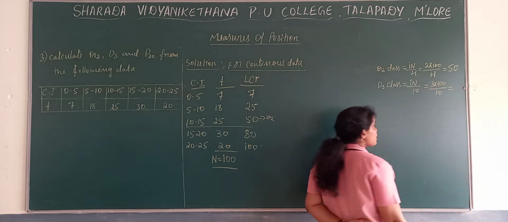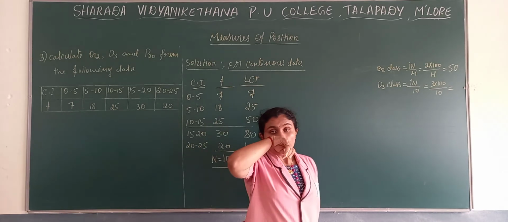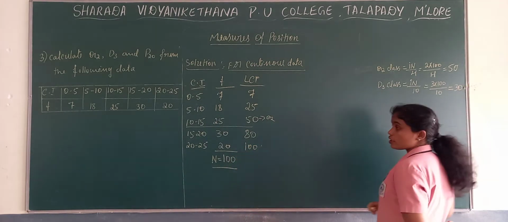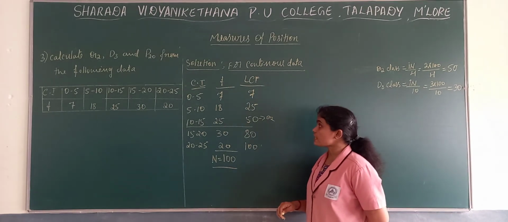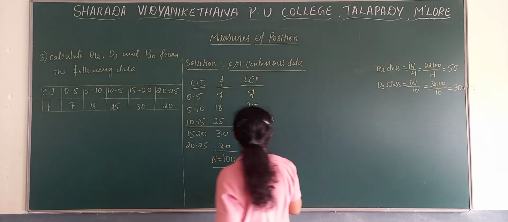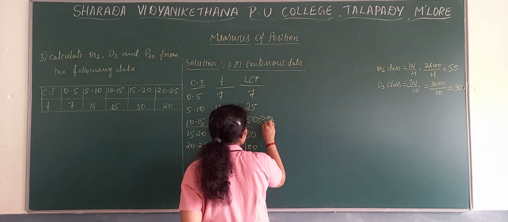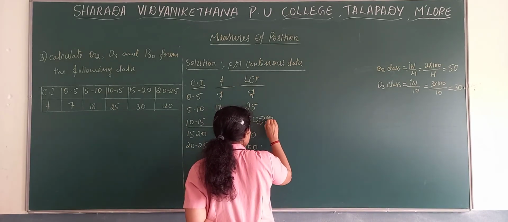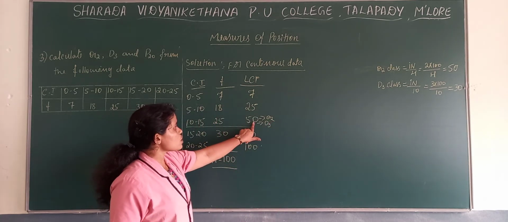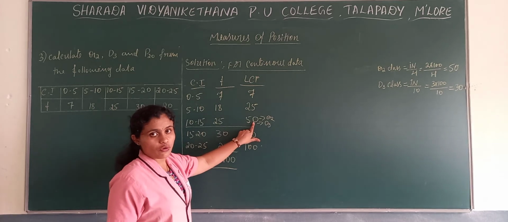So there 300 by 10 you get the value as 30. This is your D3 class. You need to see in LCF where 30 will fall. Again 30 also will fall here only. So this will be your D3 class. Even D3 and Q2 class will be the same because 50 and 30 will fall here.